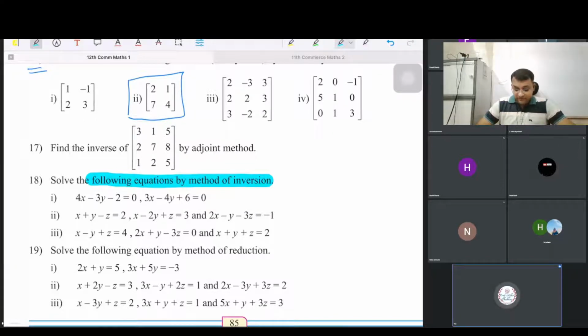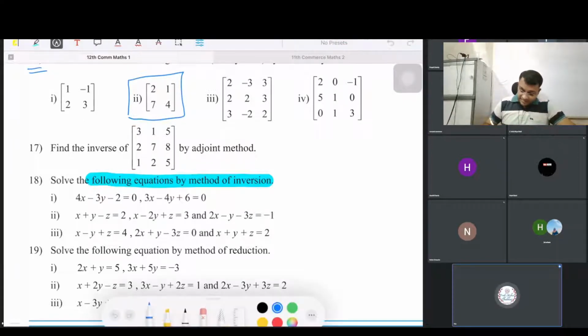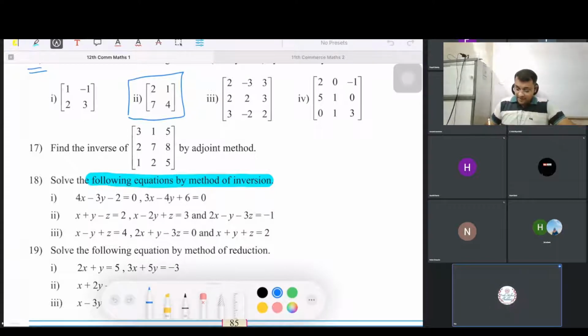This kind of question we have already studied with the help of our adjoint method. Now one sum I will explain you of a 2 by 2 matrix, how we can solve the equation with this method also, and then you can compare whether this method is faster than the adjoint method, or whether the adjoint method is faster for you, and in exam you can go along with the method which is more specific for you.